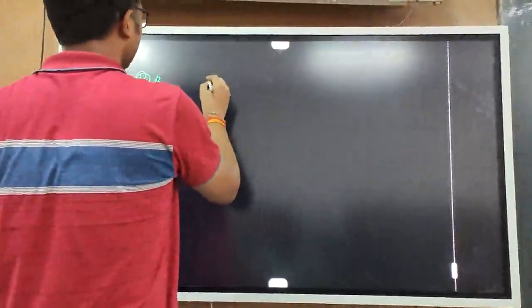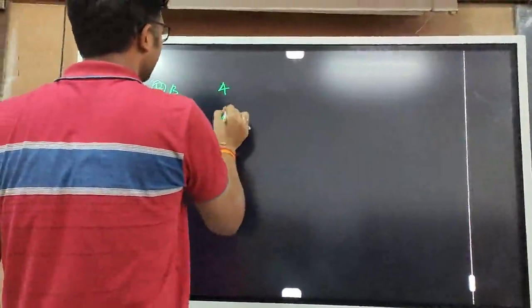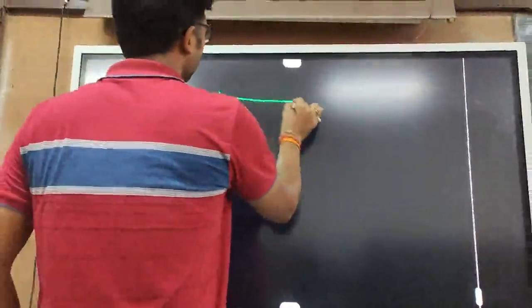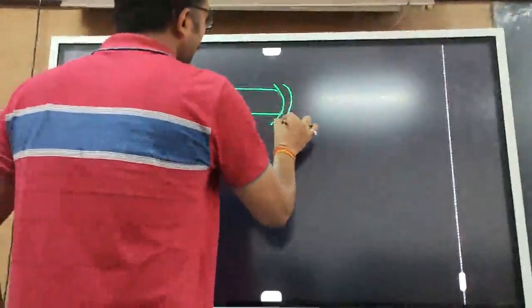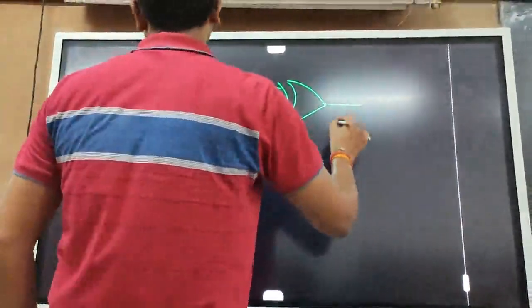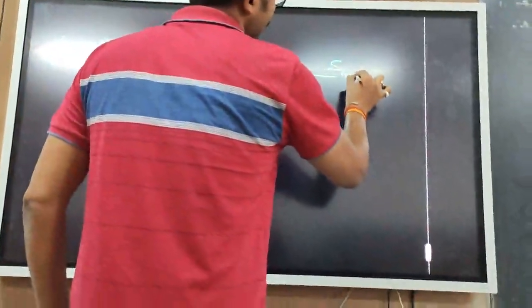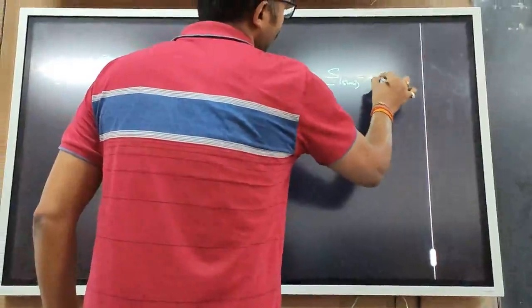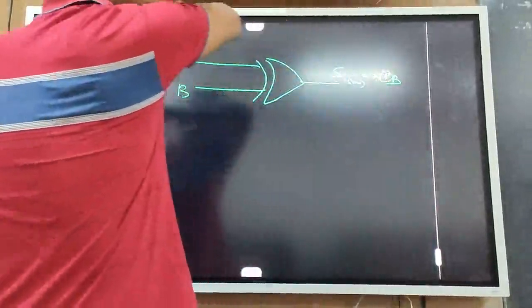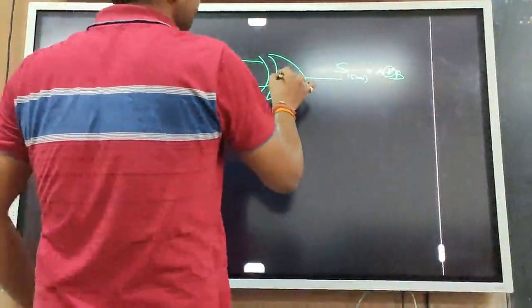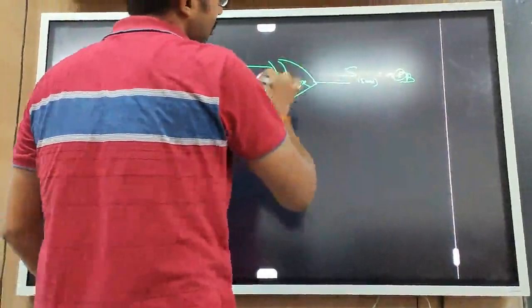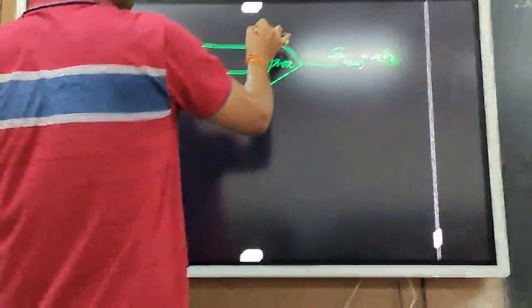So we will take two inputs A, B, and A XOR B will be the S, means sum. This is the XOR gate, the symbol of XOR gate.